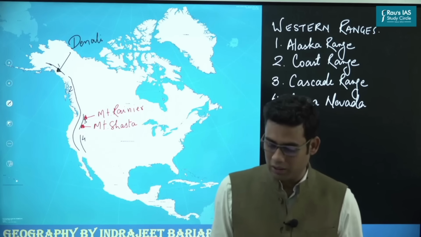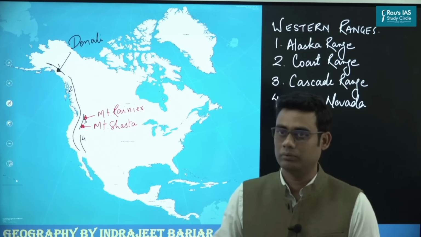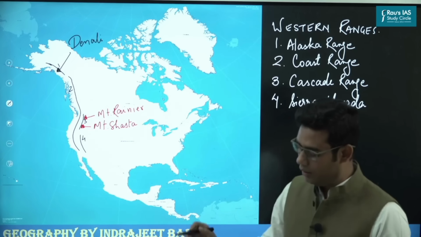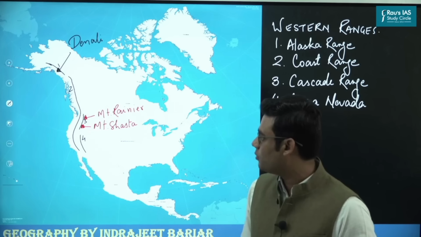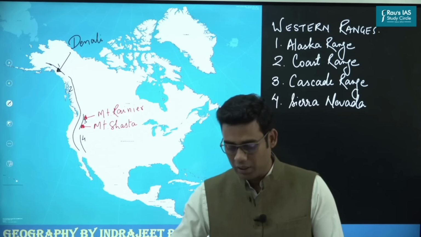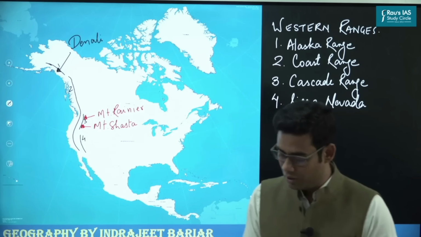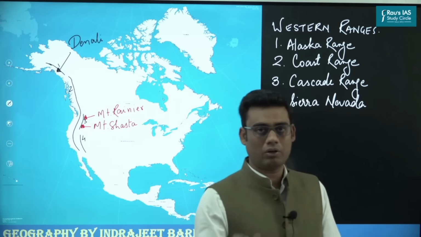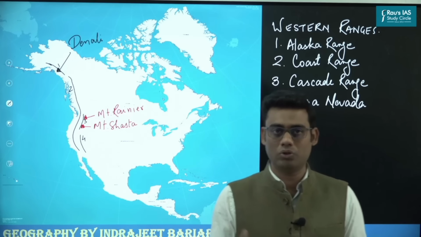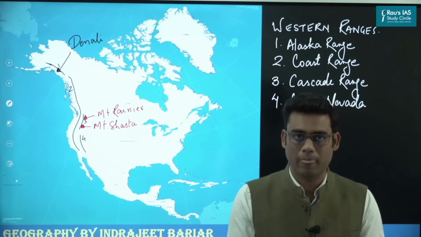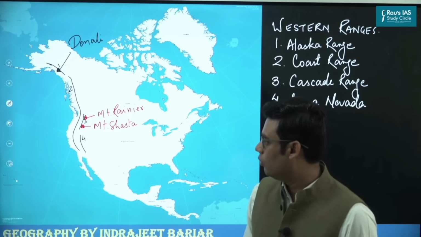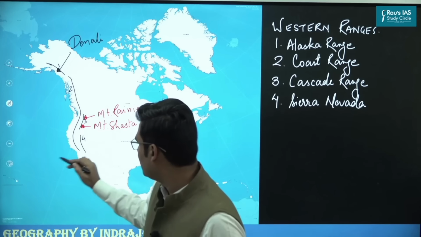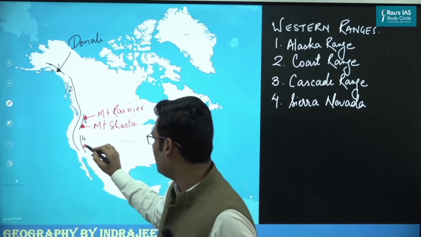Mount Rainier is a volcanic peak, an active volcano which has been included in something called the decade volcano list. The decade volcano list effectively identifies the volcanoes across the world which are potentially most destructive, and Mount Rainier has been included in that.